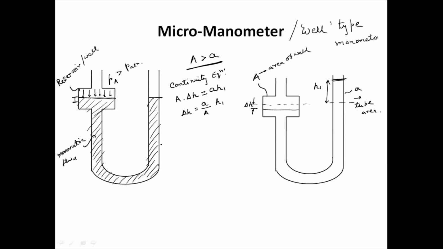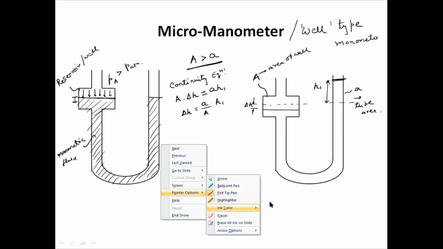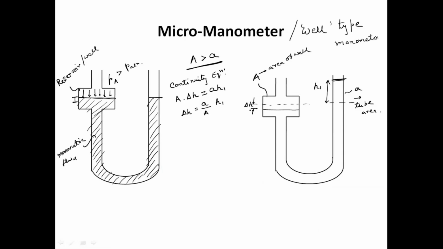Now, again, we have to go for the manometric equation. In the manometric equation, you have to choose the reference line. Here the same liquid is there; the liquid is not changing. Only the height is different, but the liquid is the same.